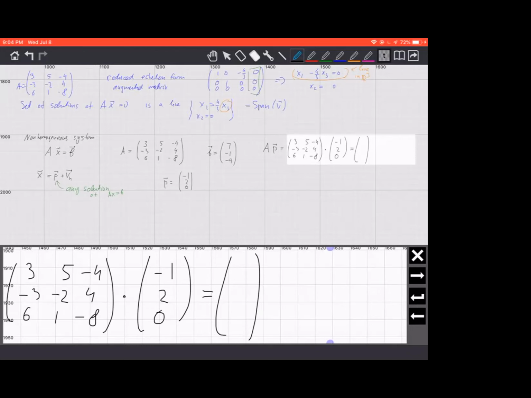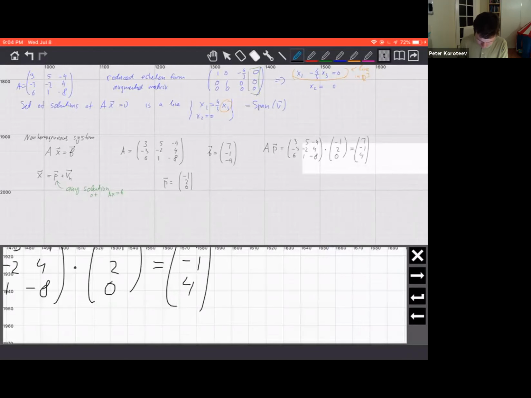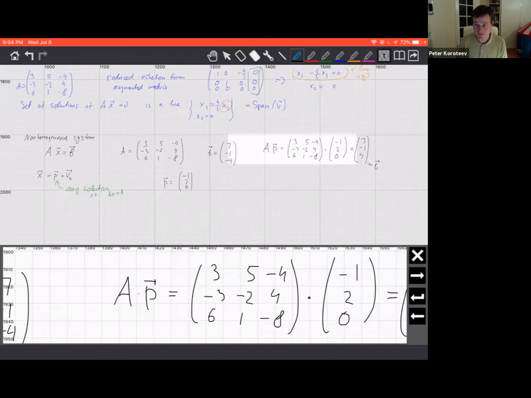B, which is 7, -4, -4. Yep. So that works, right? So this is equal to B, which means that P is one of the solutions. There are infinitely many solutions, and P is one of them.